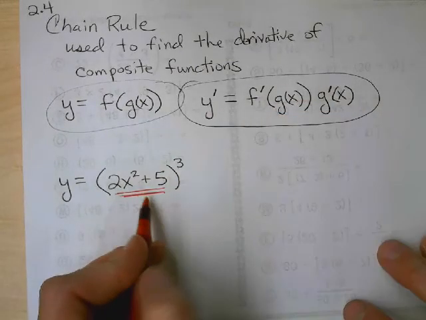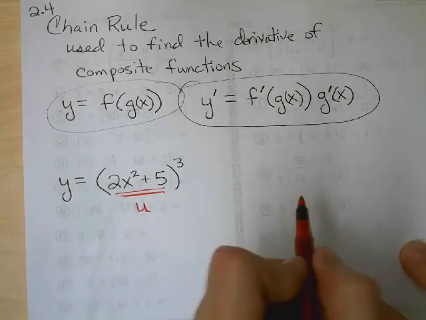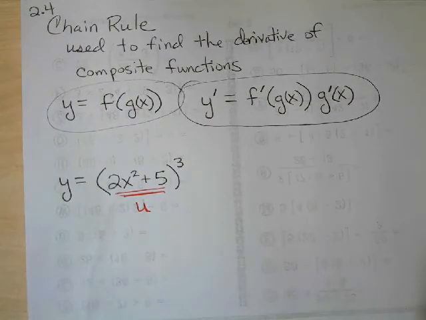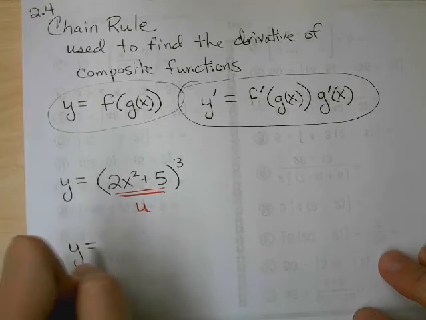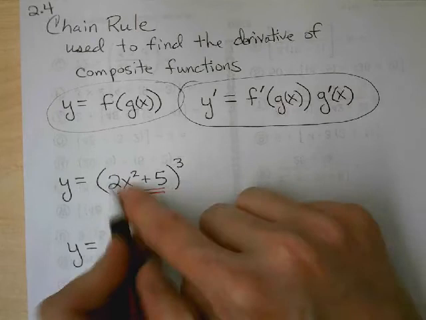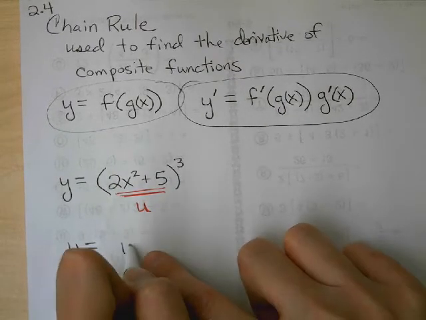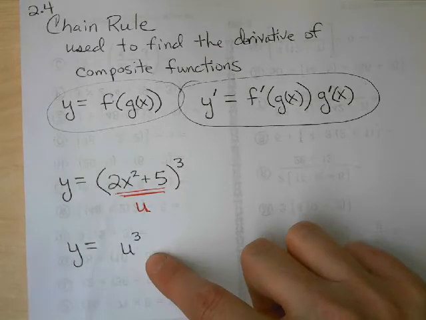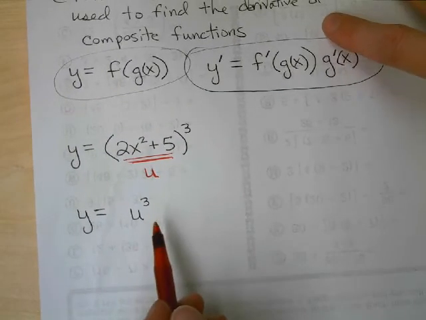They label that with a letter u sometimes. So it's like you have a bunch of stuff in here to the third power. They might rewrite it like u to the third power, just to simplify it for a second so you can see it.